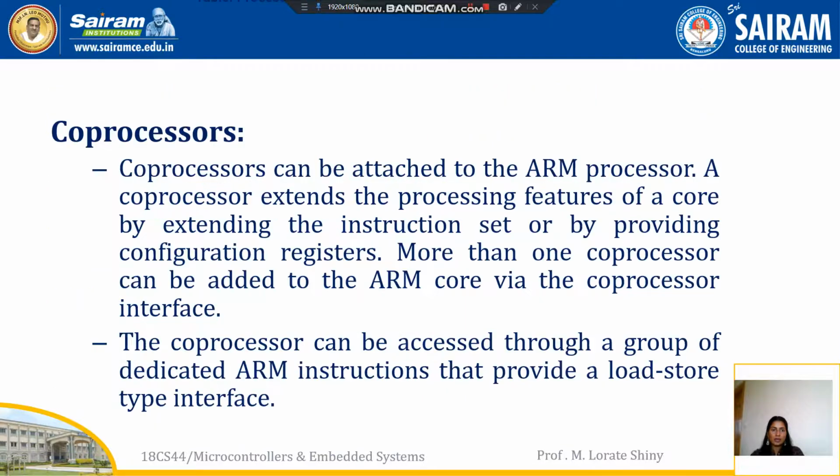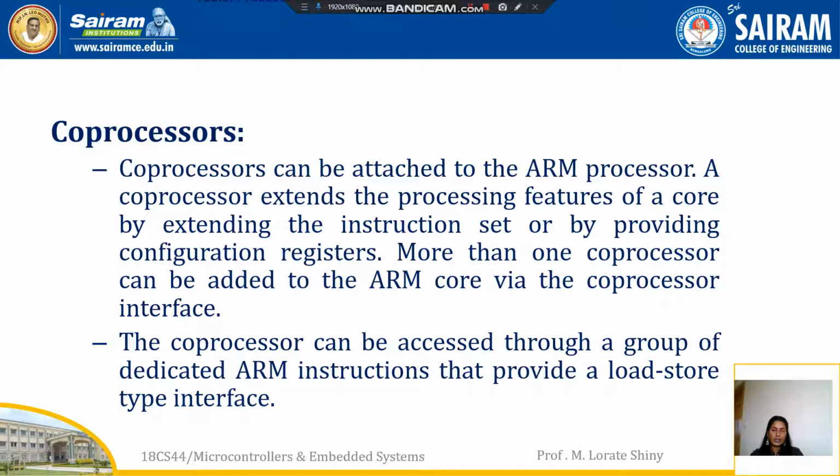The last one is the coprocessor. Co-processors are supporting processors. They can be attached to the ARM processor. They are used to support the main processor because some tasks cannot be performed by the main processor.